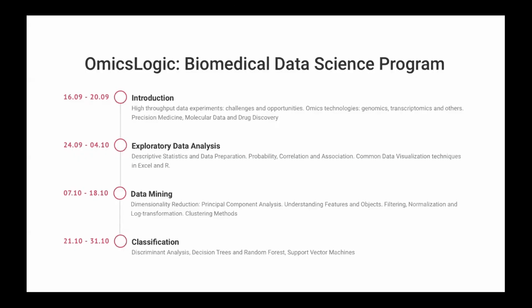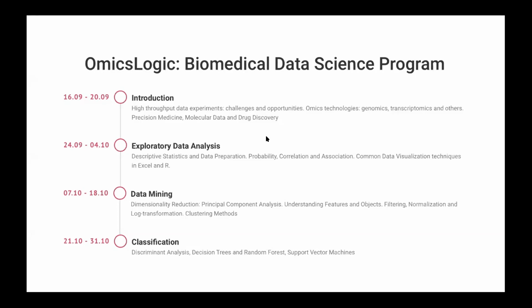So the program is split up into 5 different parts. 4 of these parts are introductory in the sense that they are designed for training. And then the 5th part is actually focused on projects. So this session is going to be the conclusion of our introductory section, and the introductory section is really designed to introduce everybody to high throughput data experiments, challenges and opportunities associated with high throughput molecular data.